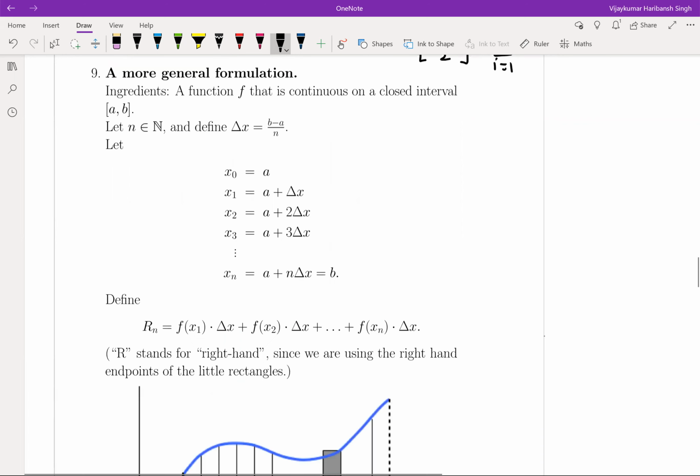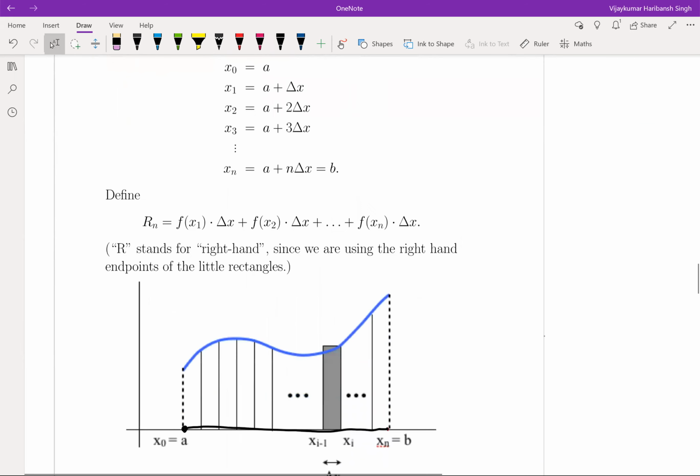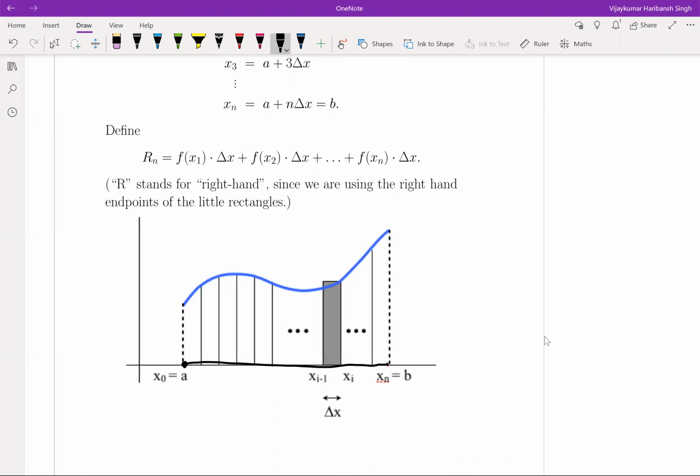Each part will be of width (b minus a) over n. That is your delta x. Since you saw that whether you take the right hand or the left hand, the answers are the same, we'll choose to use the right hand points to find the areas of each rectangle.